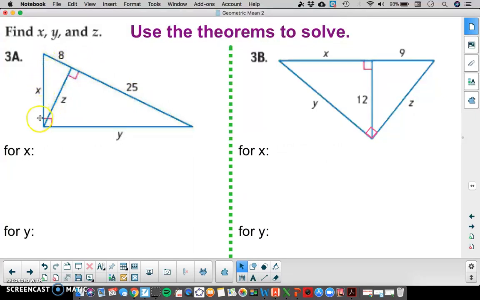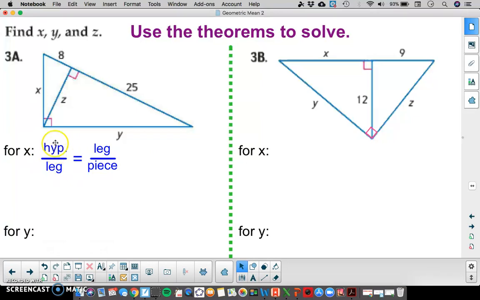So we have a leg, and we have the pieces of the hypotenuse. The piece that corresponds with x on the side of the diagram or on the side of the altitude is 8. So we have hypotenuse over leg equals leg over piece. That's a way to remember how to use the leg theorem.